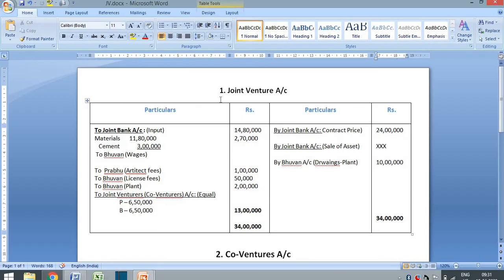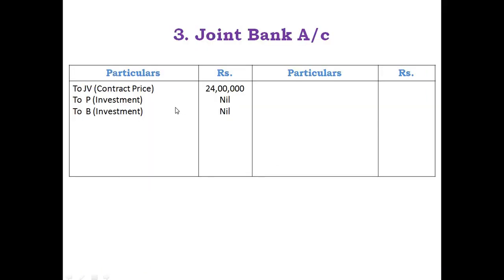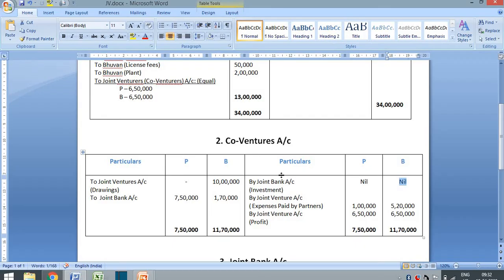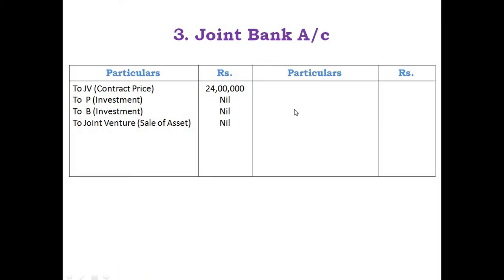Here there is no individual investment made by these two partners. Individual investments are nil, therefore I have not taken them. Next, joint venture, that is sale of asset, is also nil in this question. Hope you remember I was explaining that sale of asset will appear in the first account, the joint venture account. After this, on the credit side, joint venture account expenses.